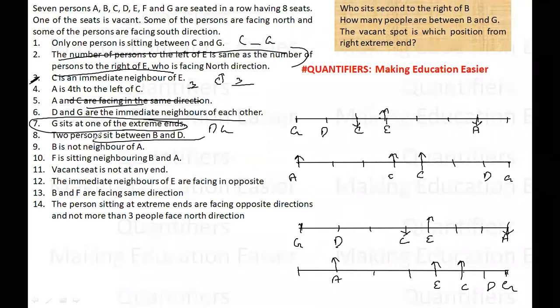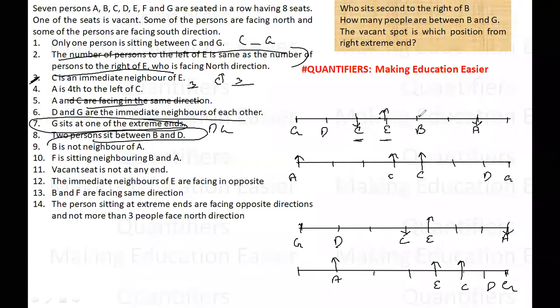Okay, 2 persons sit between B and D. So if I have to make 2 people sit between B and D, then in this case 1 and 2, I'll have to take this as a vacant space, and I'll make B sit here.